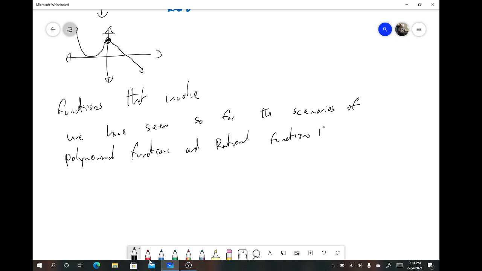Thanks to the left and right sided continuity, we can now also work with piecewise defined functions.